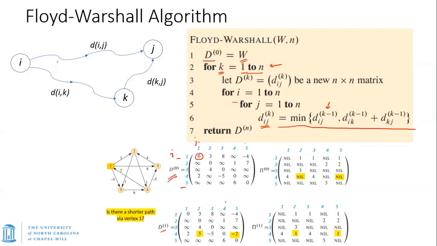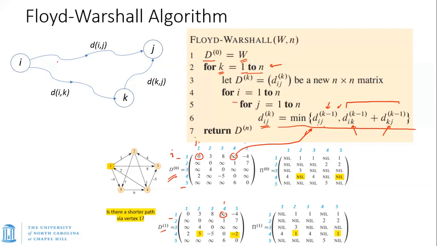And we're going to ask, is there a better way to get between, let's say, 1 and 4 than the original weight, which is what this is? Looking at the earlier matrix, going from i to j, is this better, or can we get a better path by going through some intermediate vertex k? Here k is the same in the numerator as well as in the subscript.